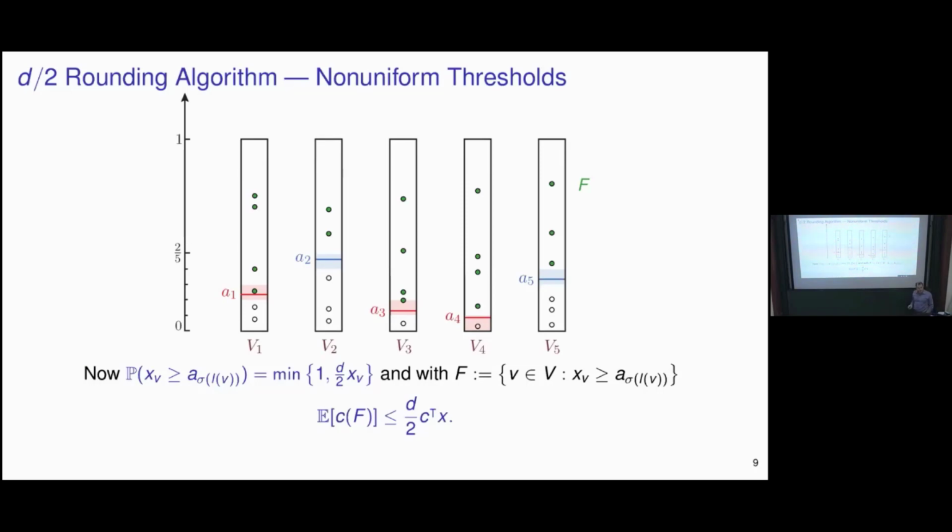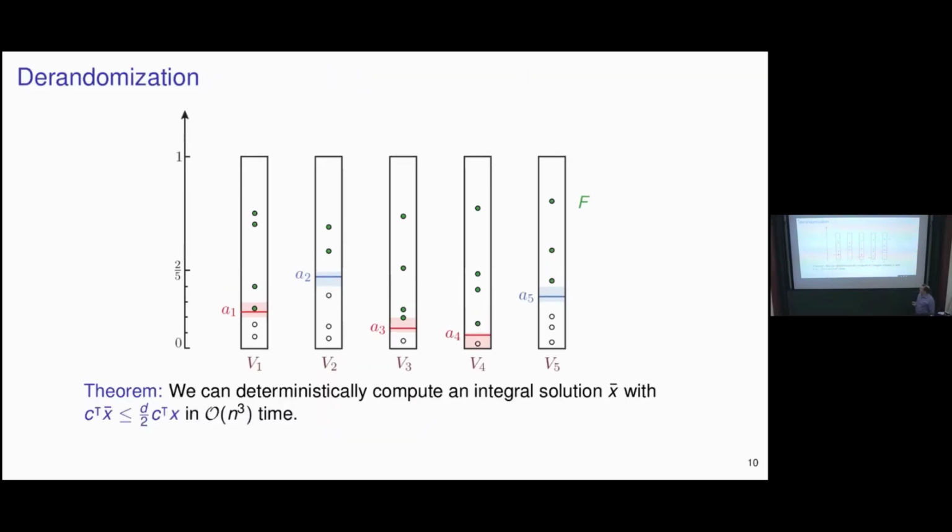And this second part then allows us to prove that the overall expected cost of our solution is at most d over 2 times the LP solution. That's good, but that's not quite good enough.